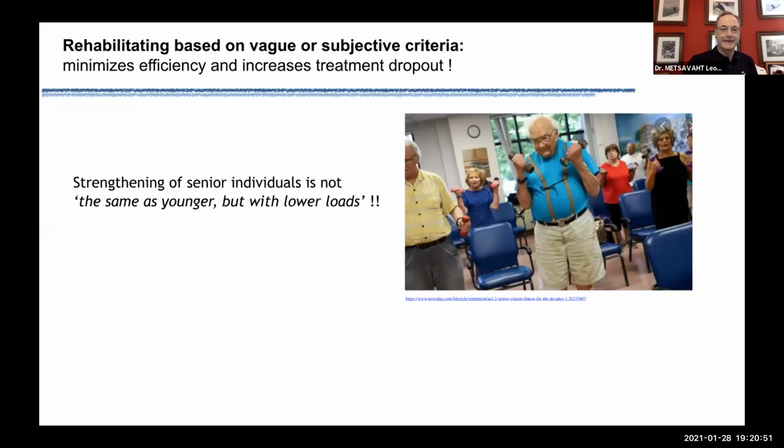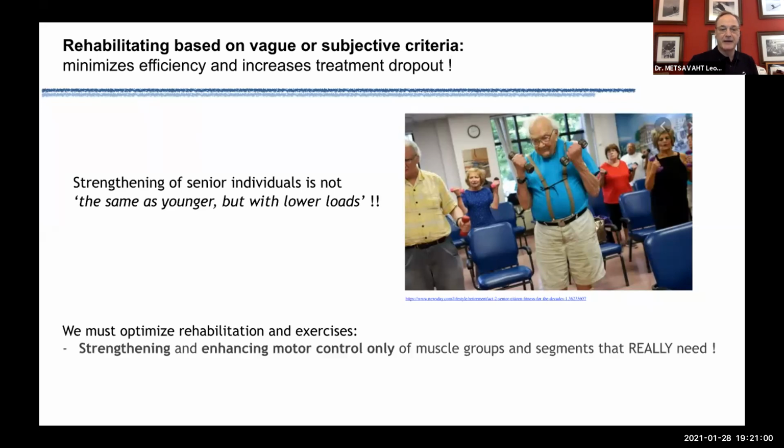And that's not the point. We must optimize rehabilitation exercises. We have to optimize for their needs, strengthening and enhancing motor control only of the muscle groups and segments that really need it. Elderly people, they don't feel confident when they do exercising and they don't see any change in their lives, you know? So it gets boring.